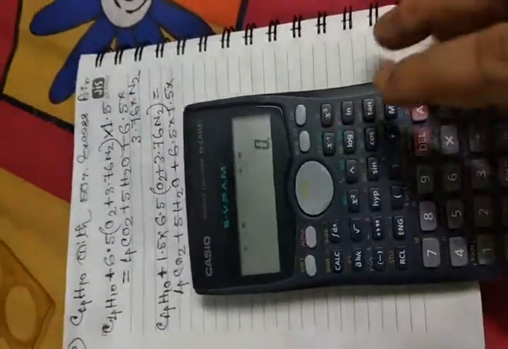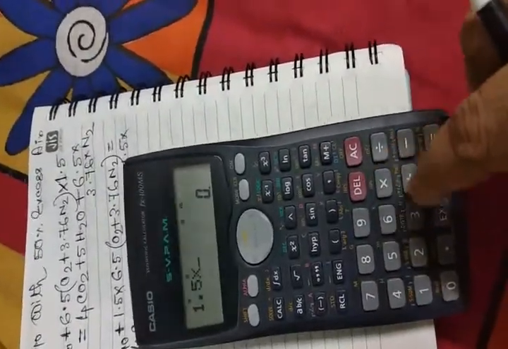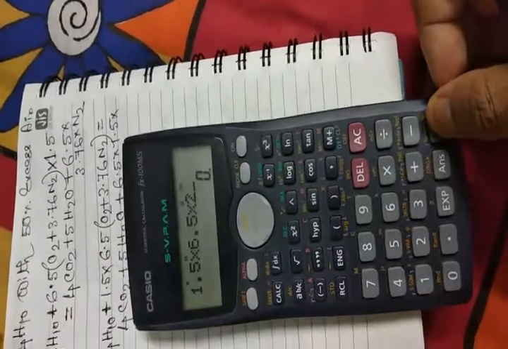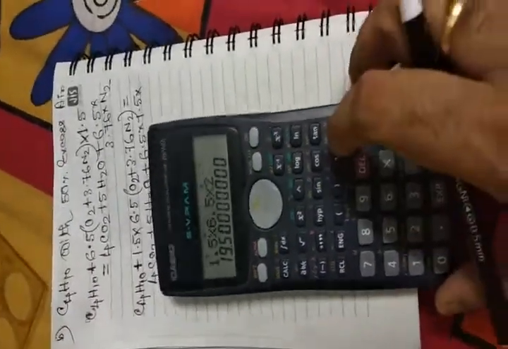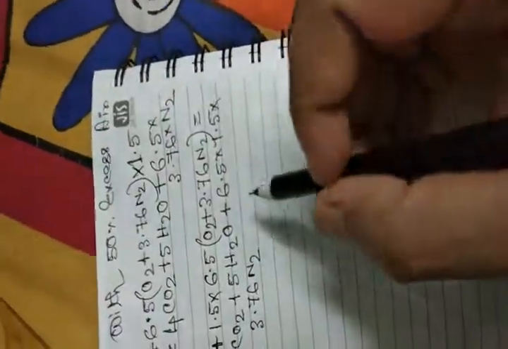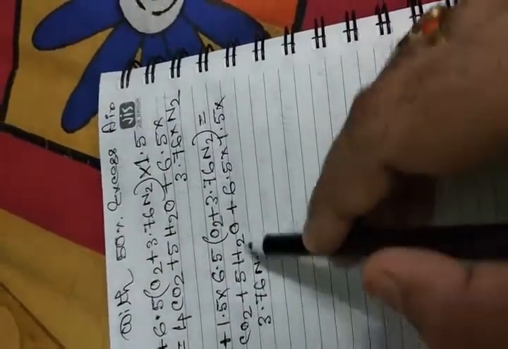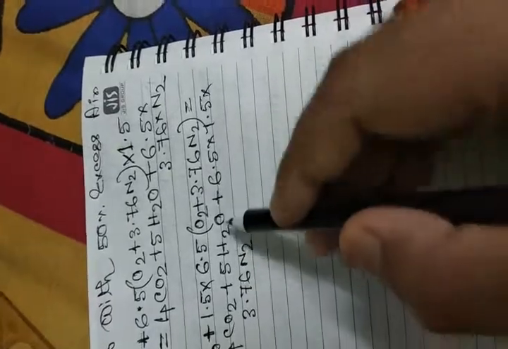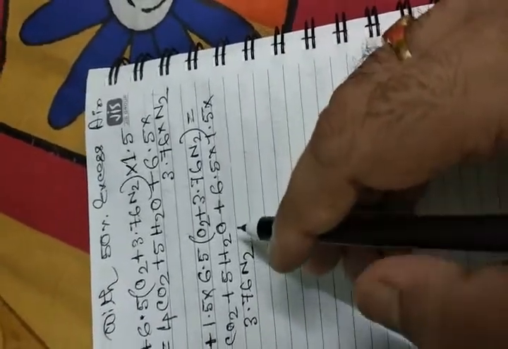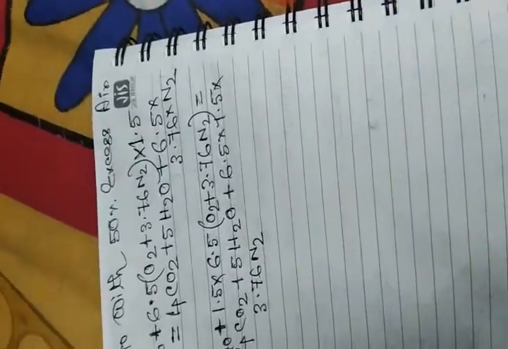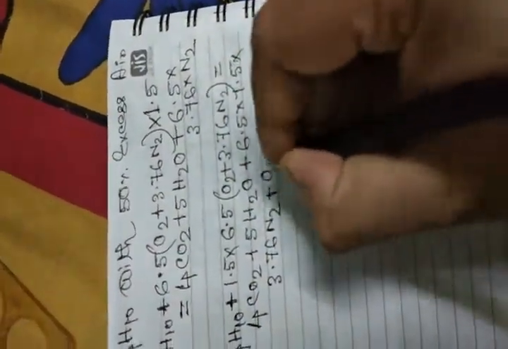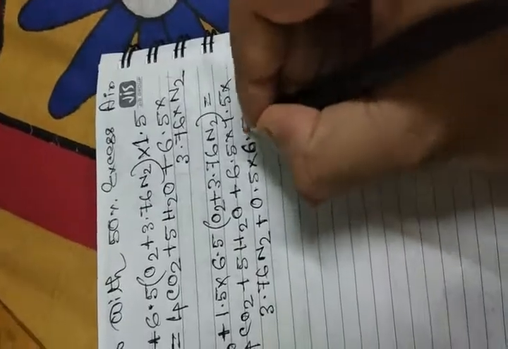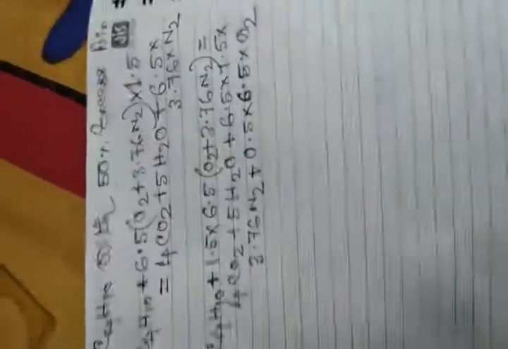It will be 1.5 multiplied by 6.5 into 2, so 19.5. For balancing, 4 into 2 is 8 plus 5 is 13, so 6.5 remains, so it will be plus 0.5 into 6.5 into O2. This is the actual combustion equation.